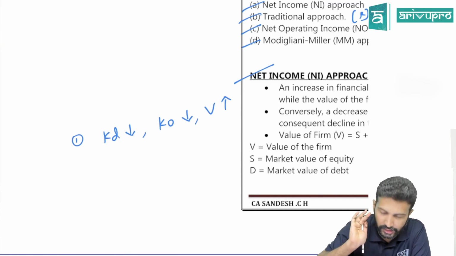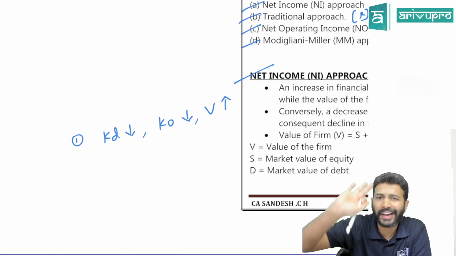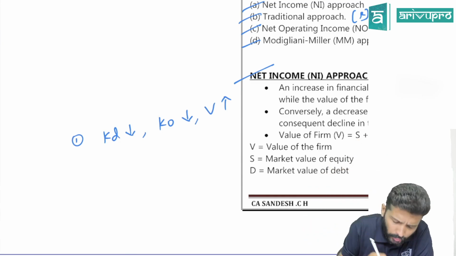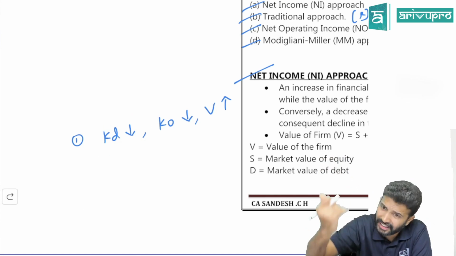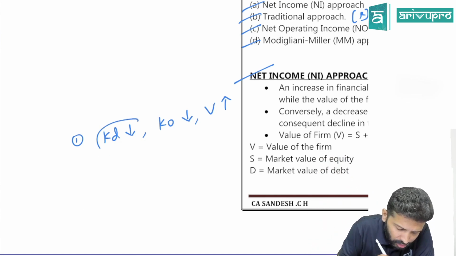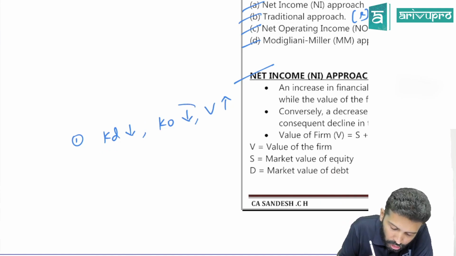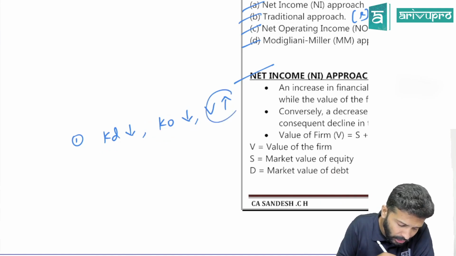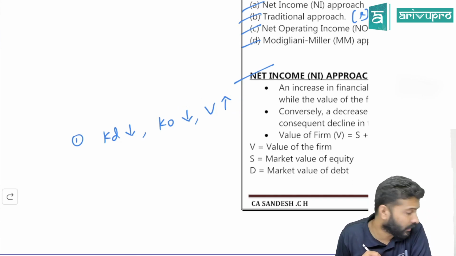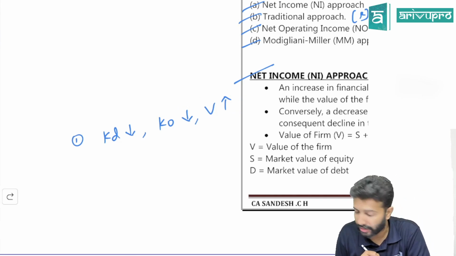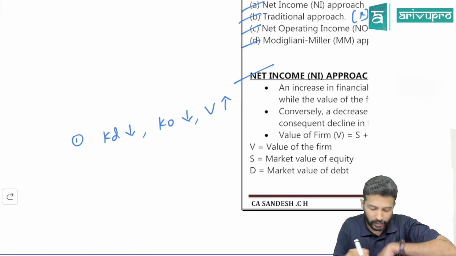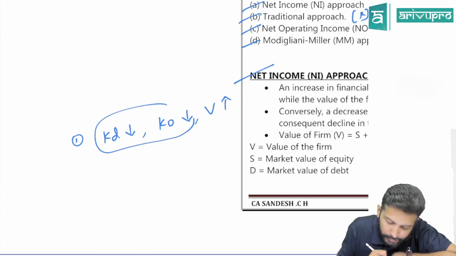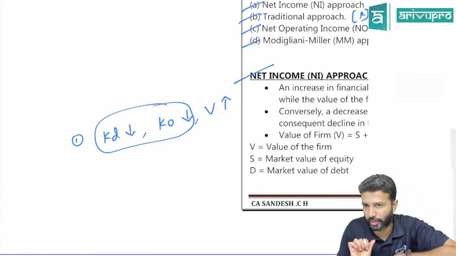This is the summary they're trying to say. Debt is cheaper, so compared to equity, cost of debt will be lesser. Since Kd will be on the lower side, your overall cost of capital also will be on the lower side. Hence, the value of the firm will increase if you use more and more debt, is what this particular theory is arguing. Can we prove these two portions first? Okay, these two numbers we will prove.